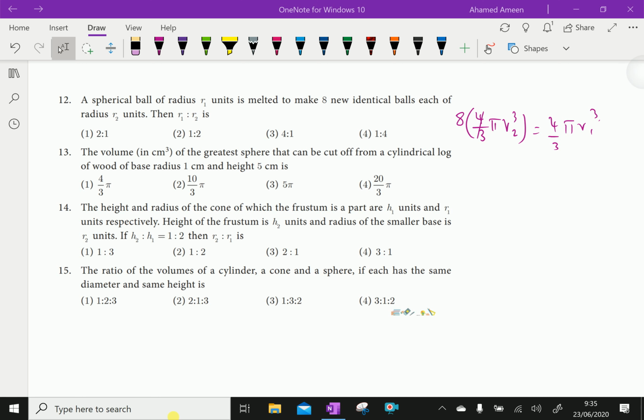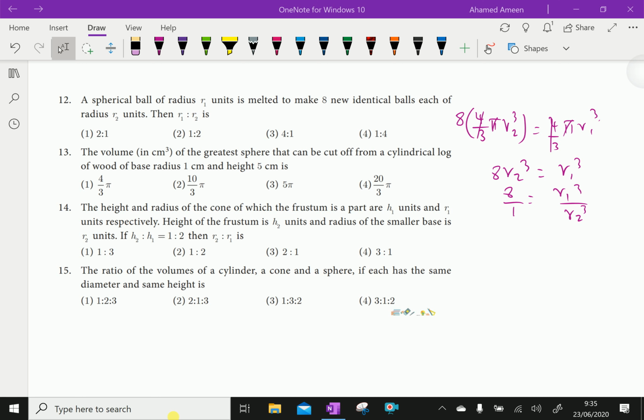Then 4 by 3 cut, pi also cut, so 8 r2 cube equals r1 cube. So we have 8 by 1 equals r1 cube by r2 cube.